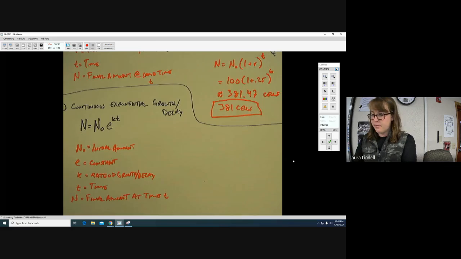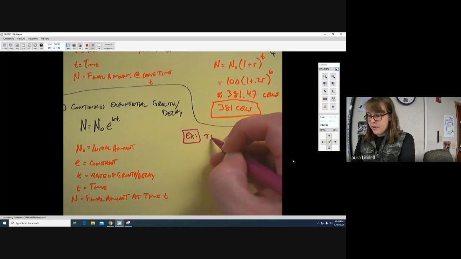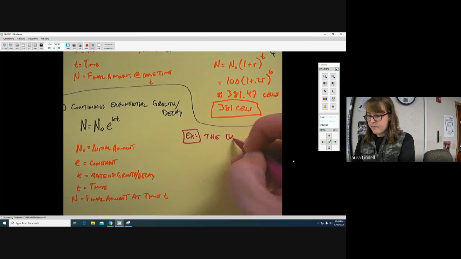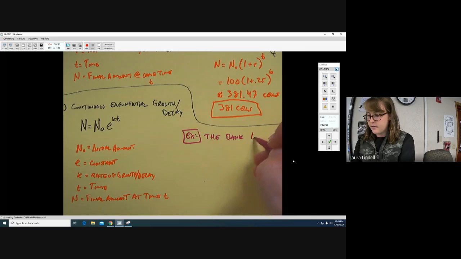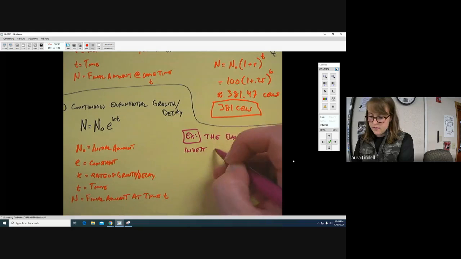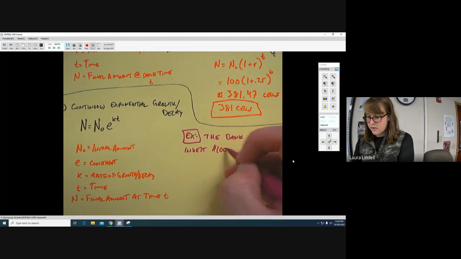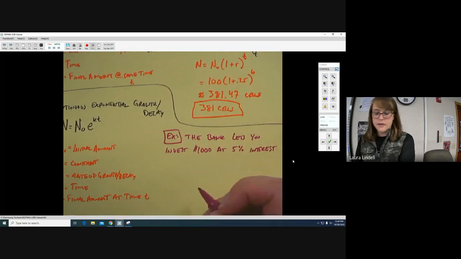Okay, so for example, the bank lets you invest $1,000 at 5% interest, compounded continuously.